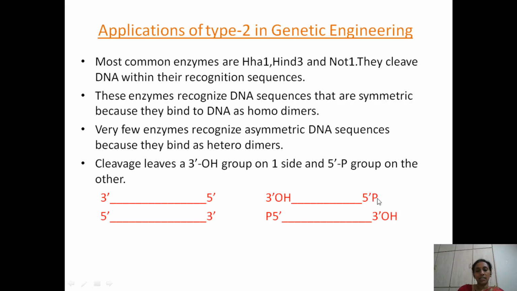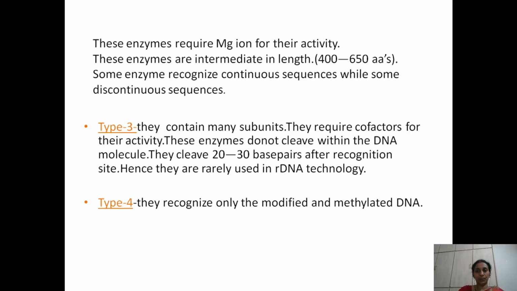So when we cut a DNA, the ends that are produced are always 3' hydroxyl groups and 5' phosphate groups. So always remember, cleavage results in a 3' hydroxyl group and a 5' phosphate group.